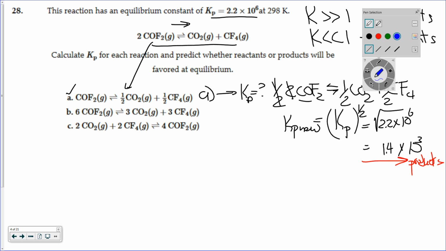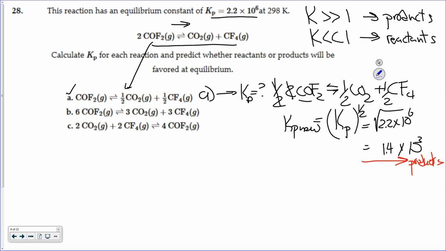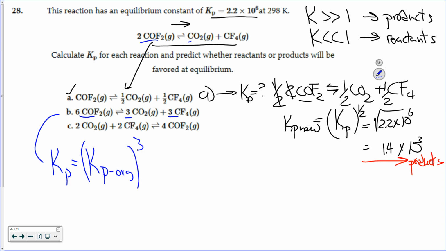Let's look at B then. On B, I've got 6 where it's 2 here, and I've got 3 and 3. So the K sub P for B would be the same as the K sub P original to the third power.